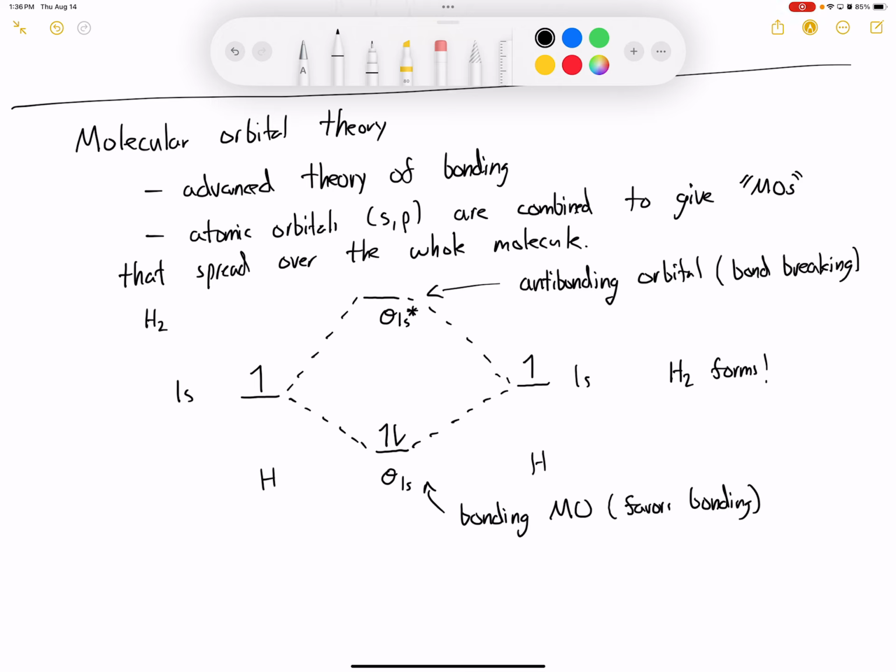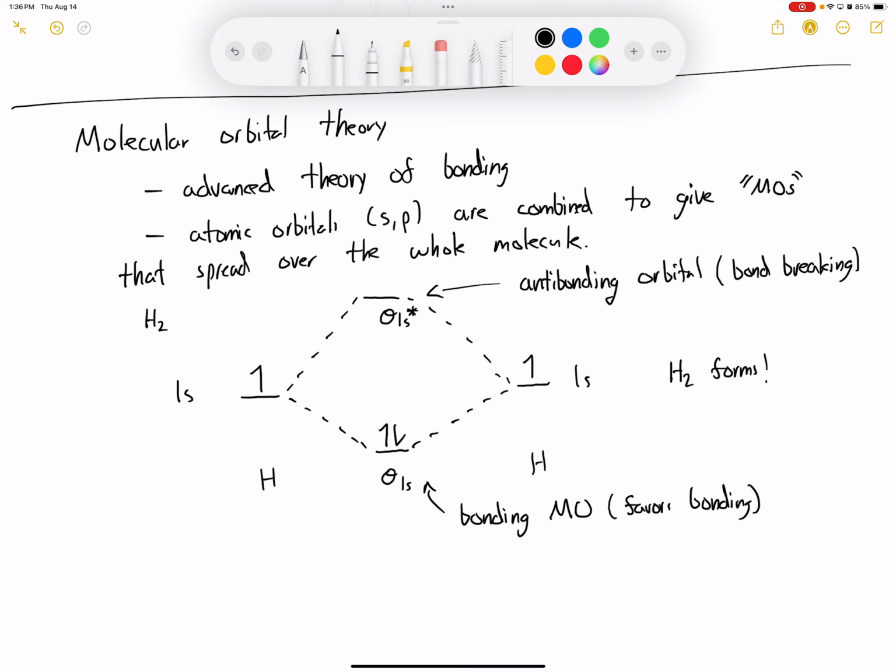It's one of the most advanced, and it has support from experimentation. That's why it's often taught now. Okay? All right, any questions about that? Just think about these as the methods of our understanding of bonding in chemistry. And now we're going to use this understanding and see how it applies to reactivity.